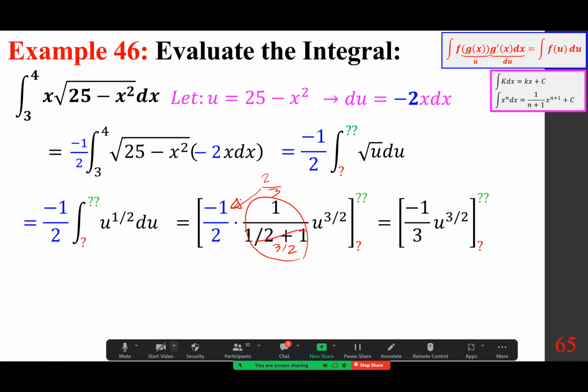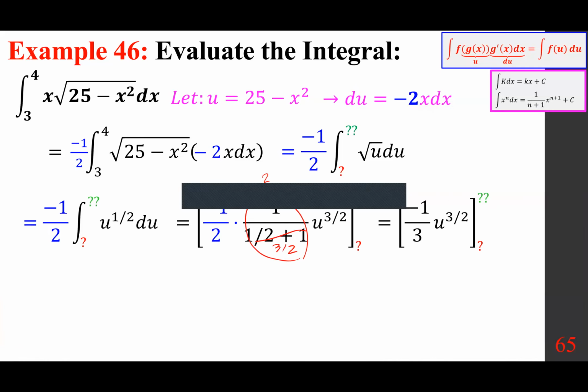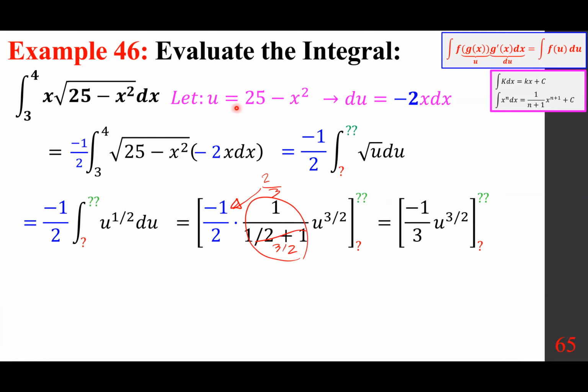And notice I haven't put the limits yet, because I can go back with 25 minus x squared and now use the original limits. That's one way to do that, and it's perfect.